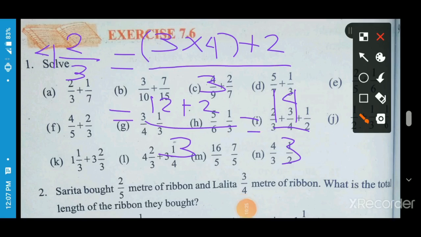For the second mixed fraction, that is 3 1 by 4, now we convert this into an improper fraction.